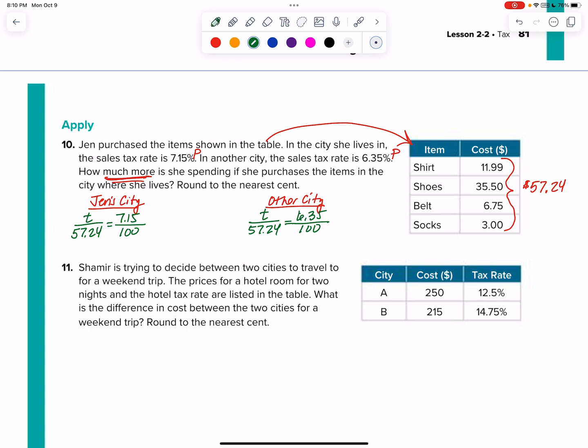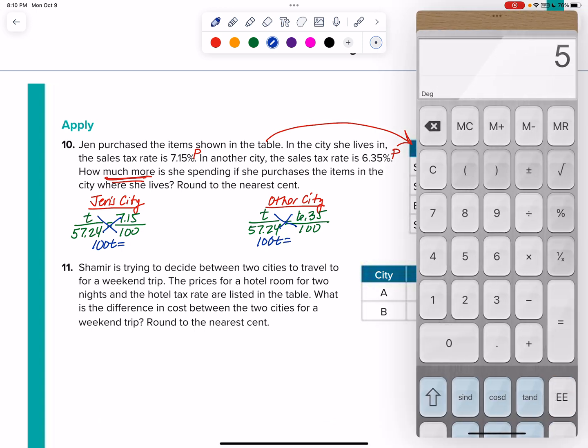So let's do your means extremes for both of these. We'll walk through this process for both. We have 100t equals whatever that is, and 100t equals whatever that is. So let's do the multiplication. 57.24 times 7.15, we have 409.266. And the other one, $57.24 times 6.35, we have 363.474.